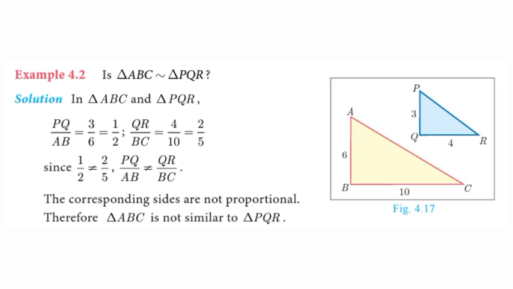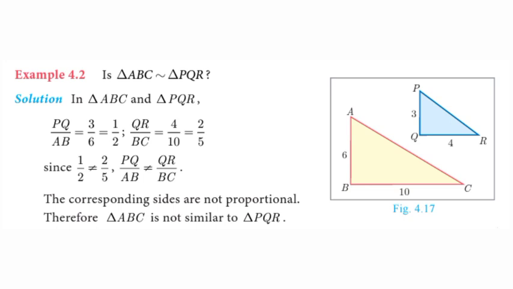Therefore PQ divided by AB equals 1 by 2 and QR divided by BC equals 2 by 5. Therefore 1 by 2 is not equal to 2 by 5. Since 1 by 2 is not equal to 2 by 5, therefore PQ divided by AB is not equal to QR divided by BC. The corresponding sides are not proportional. Therefore triangle ABC is not similar to triangle PQR.